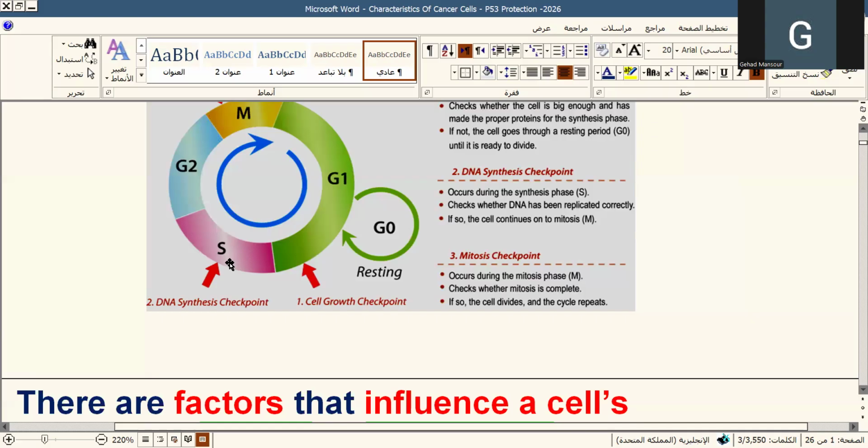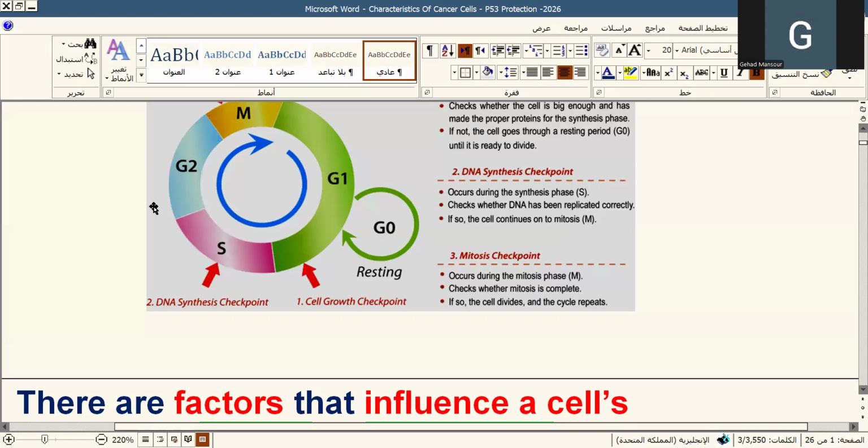This is very important, because if replication of DNA carries inaccuracies or errors, then the cell should not be allowed to continue. If it continues, it will undergo nuclear division first and then cytoplasmic division, and it will give rise to abnormal daughter cells. So it should be prevented from continuing the cell cycle.